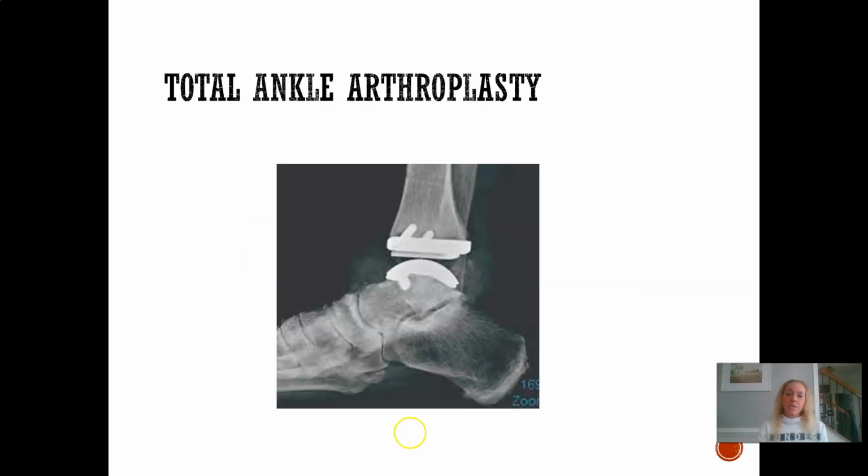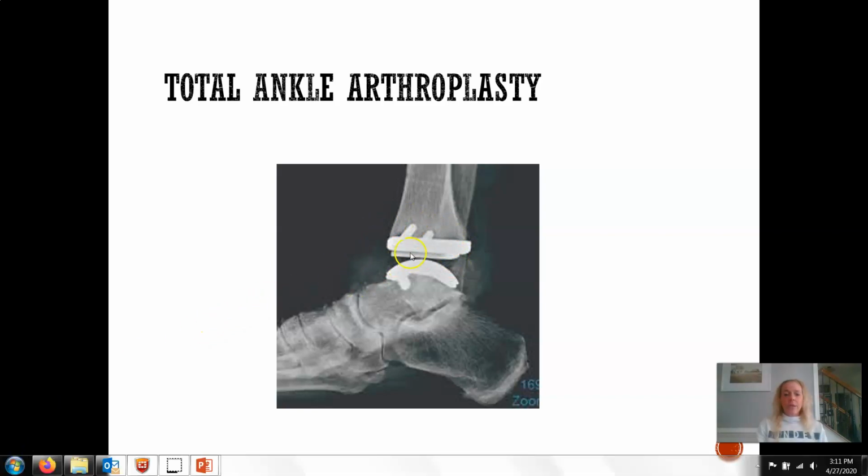So this would be a picture of what a total ankle arthroplasty would look like. You can see too, we still have a little bit here of the dome of the talus, which would be replaced. And then underneath here, the tibia would be replaced, but you lose a lot of that dome there. So again, you will still have some congruency of the joint here, but it's not that same deep socket that used to be there.